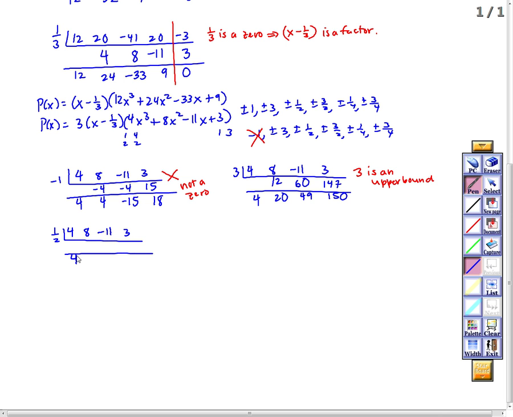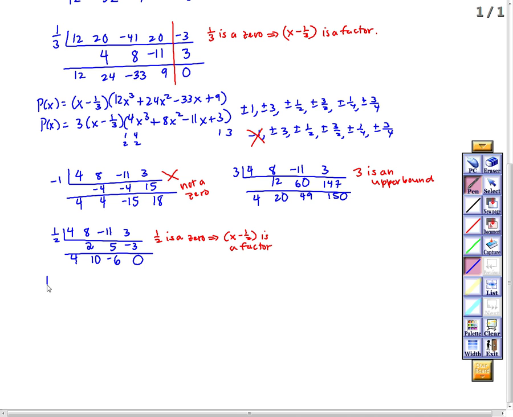Bring the 4 down. 4 times 1/2 is 2. 8 plus 2 is 10. 10 times 1/2 is 5. -11 plus 5 is -6. -6 times 1/2 is -3. -3 plus positive 3 is 0. Looks like 1/2 is a 0. So that means x minus 1/2 is a factor.